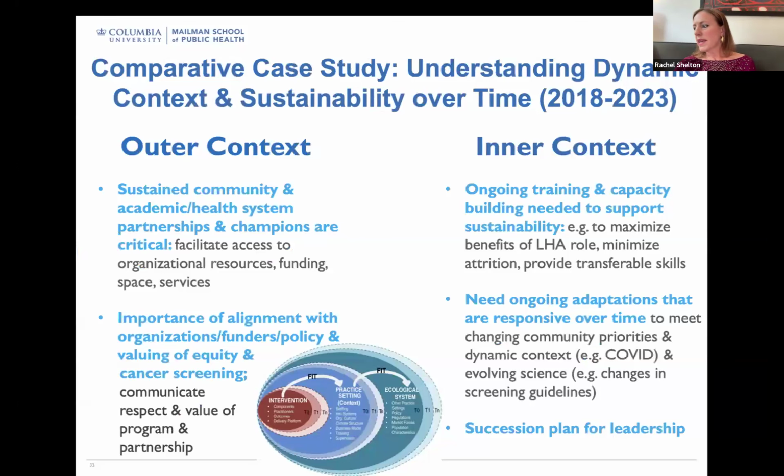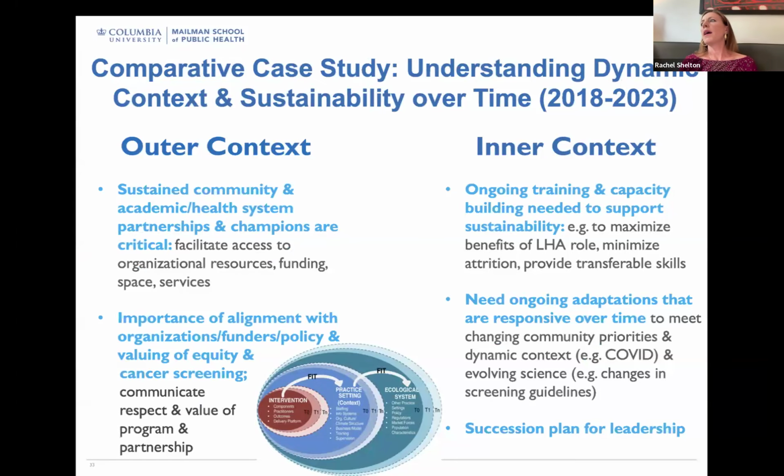One thing that I think came out loud and clear in both our qualitative and quantitative work was that a lot of these programs really had very strong and sustained partnerships that helped them address a lot of the resource limitations or challenges they had when they couldn't get funding or when funding wasn't available.